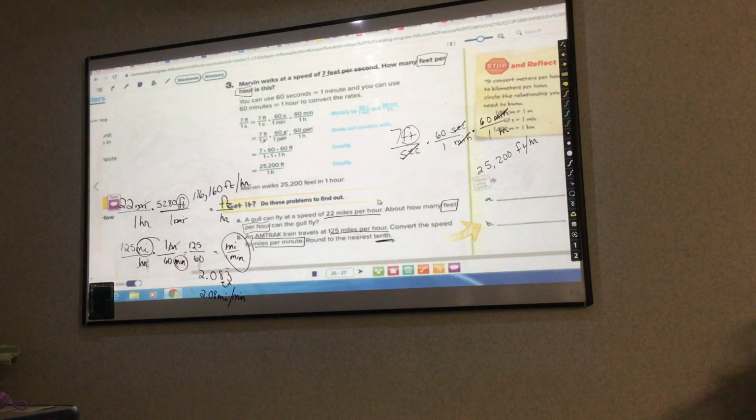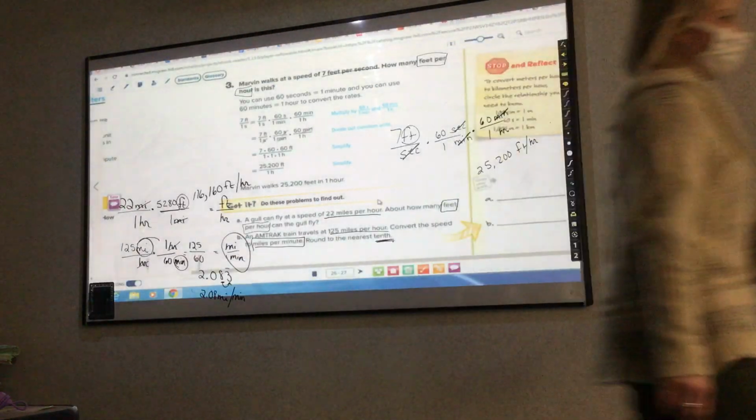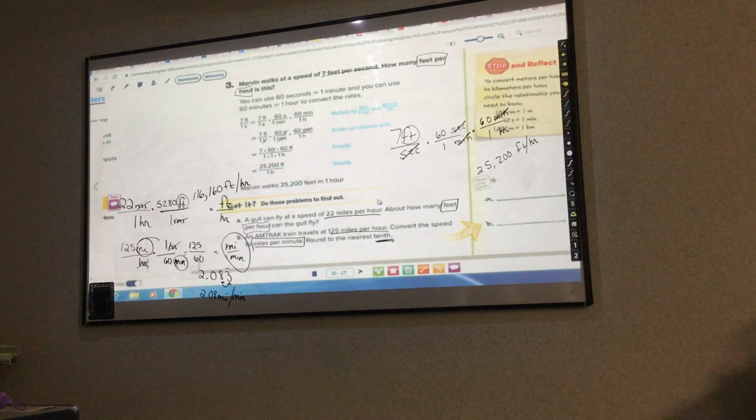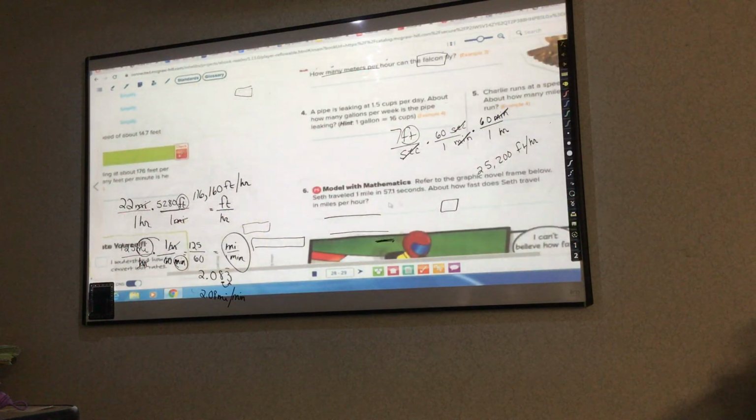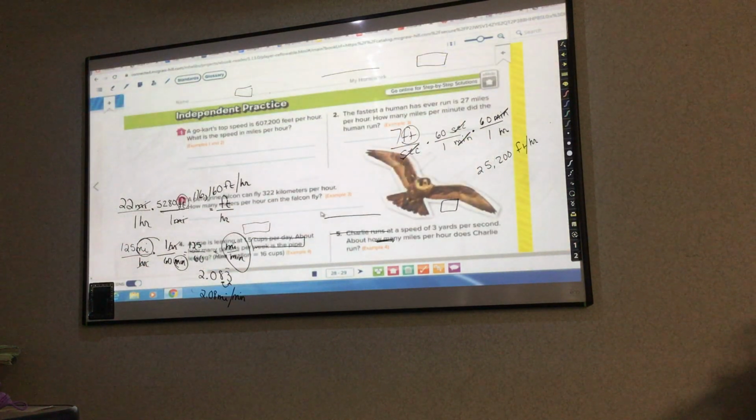Okay, turn the page. There is one more example at the top that you can go through and read through and see how to do that. But then there's the guided practice, and I want you to look at the independent practice.